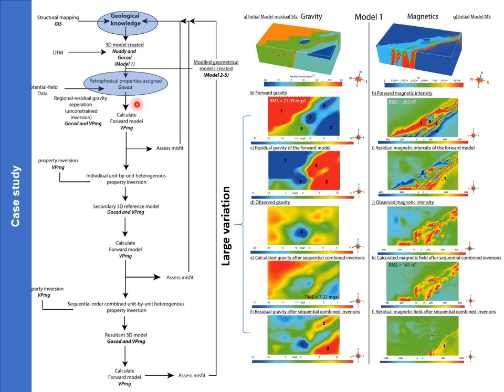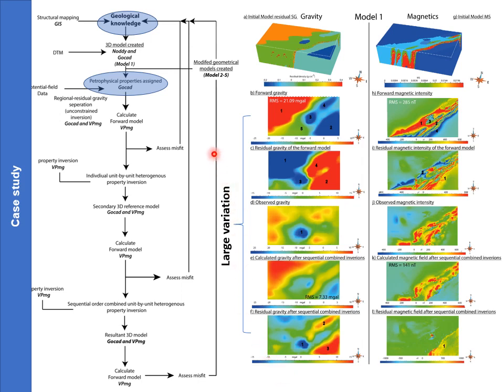And that process of inverting geometry and inverting for petrophysical properties in sequence was done multiple times until there was a satisfied fit between the observed and the calculated data. It was relatively easy to get a fit for the magnetics, because the magnetics was largely controlled by the geophysical response. Getting a fit for the inversions for the gravity response was much more difficult.